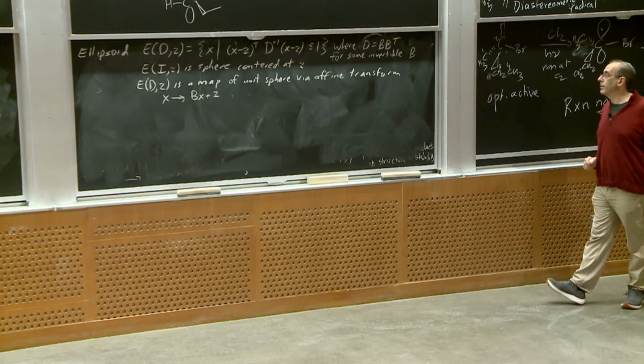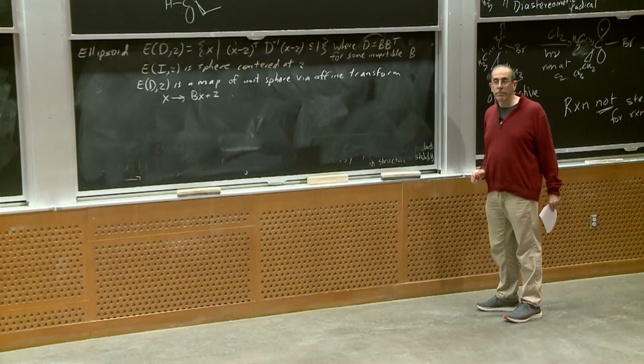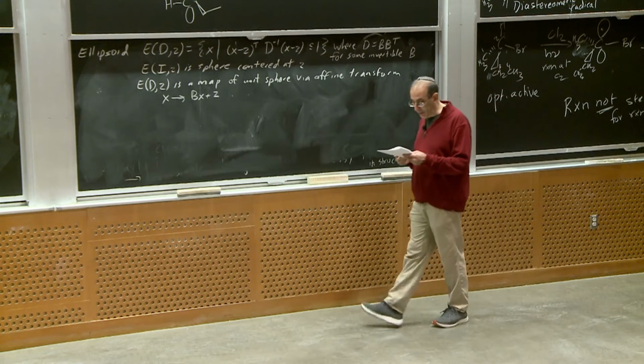Okay, and that's why we want D to have this nice square root. So it's a linear transformation of the sphere.